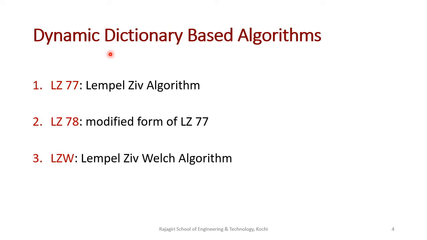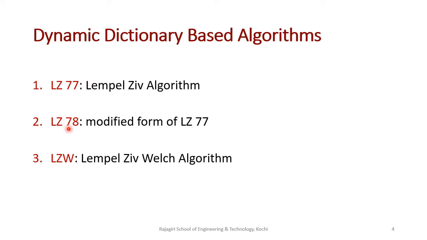Dynamic dictionary-based algorithms are of three types: LZ77, LZ78 and LZW. The first two are also known as the Lempel-Ziv algorithms. The LZ77 algorithm is also known as a sliding window technique. The dictionary consists of a set of fixed length phrases.